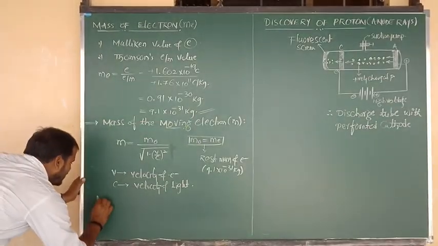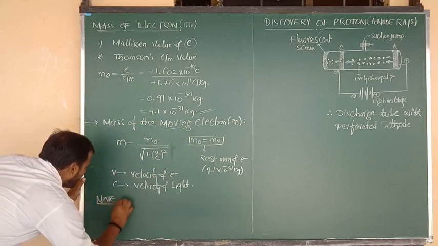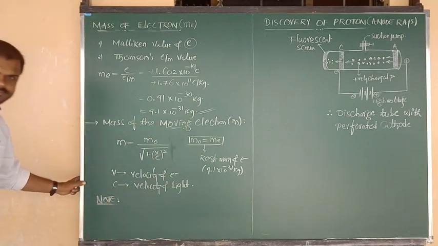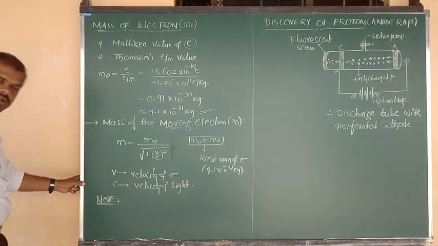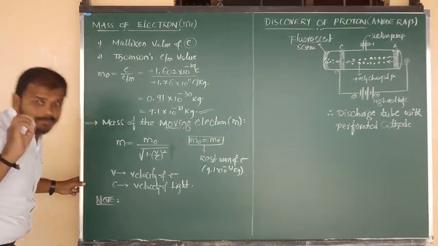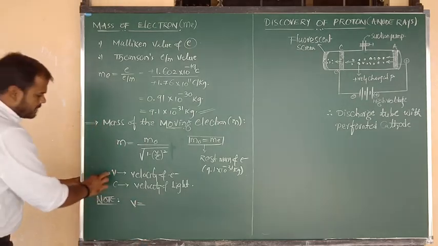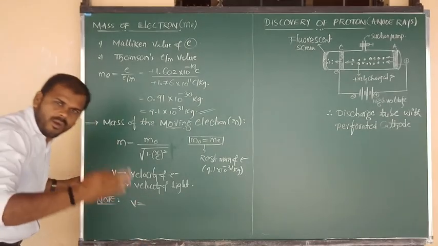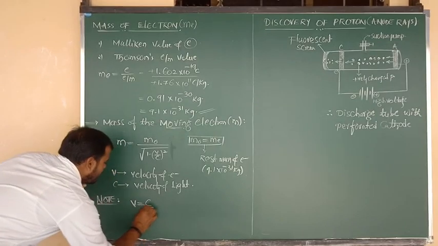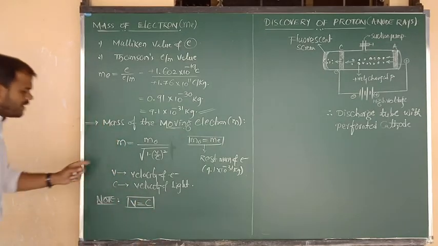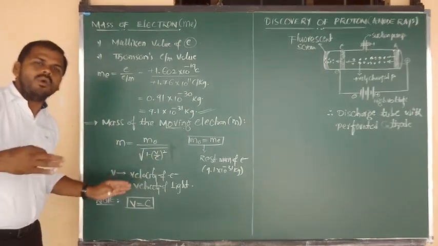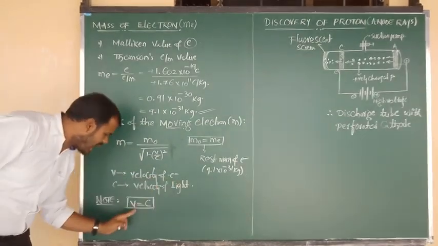This condition is very important for competitive exams. Suppose the velocity of the electron, capital V, is equal to capital C, that is, the velocity of light.